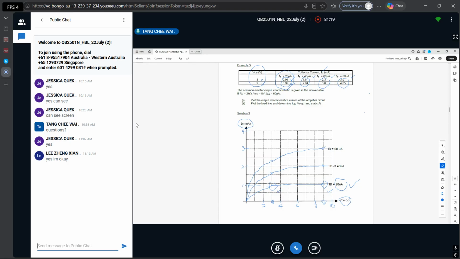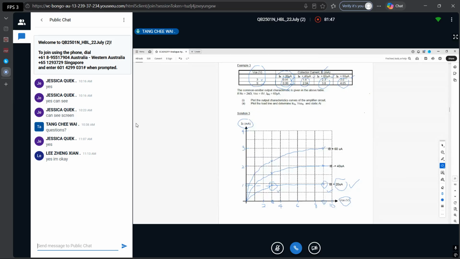And I go back to my 40 microamp here, IB. The value 1.6 here is actually the collector current, 1.6 milliamp. So first point, 3 volts here again, VCE, all right? But now your current is 1.6 milliamp. Now on the y-axis IC, you look for 1.6.